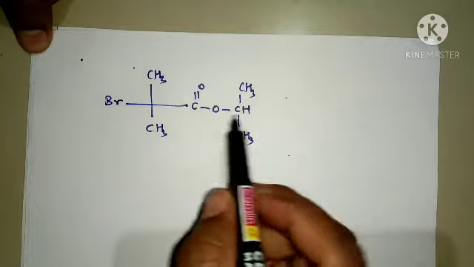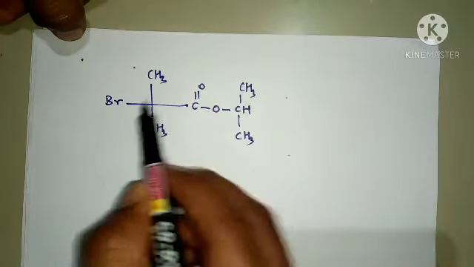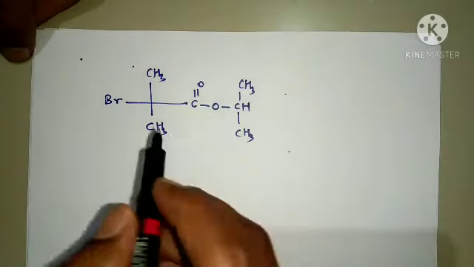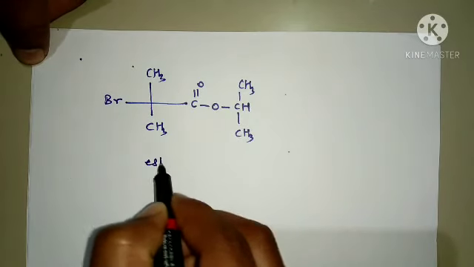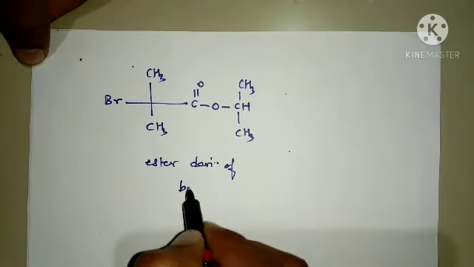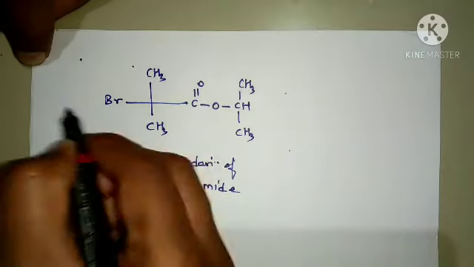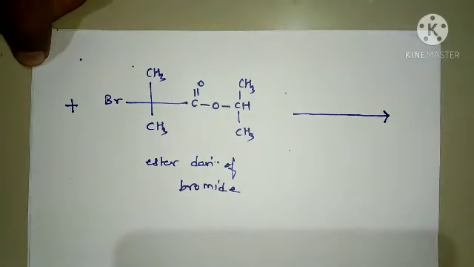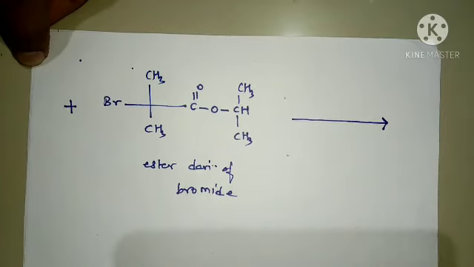Okay, so this is an ester type molecule, C double bond O, O, R. That means an ester derivative of bromide. So this reagent molecule reacts with the second intermediate, that is, the one after the Fries rearrangement.